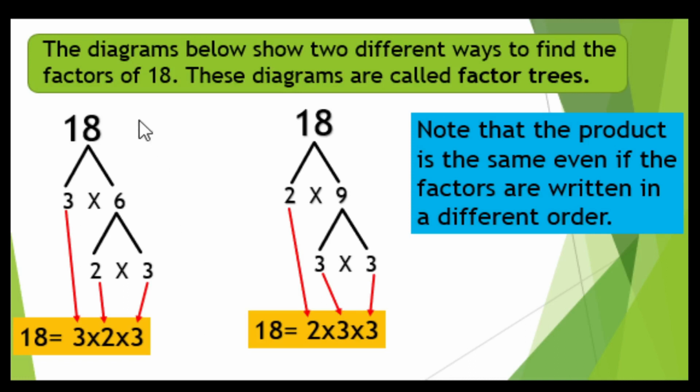So the prime factors of 18 are 3, 2, and 3. 3 times 2 times 3 is equal to 18. The other diagram is just the same thing as the first diagram. Just take note that the product is the same even if the factors are written in a different order.